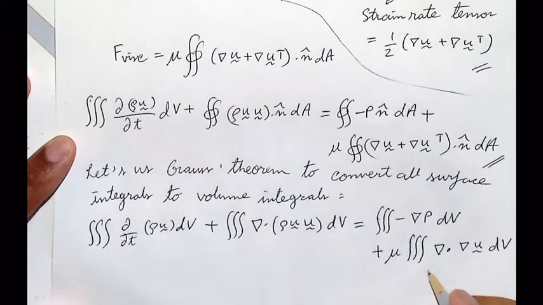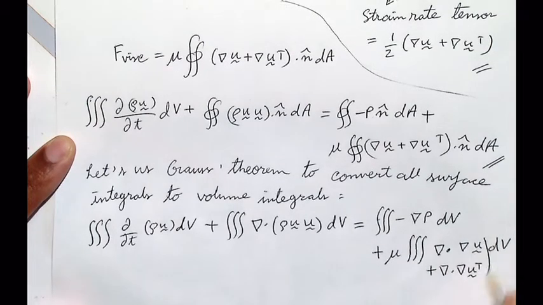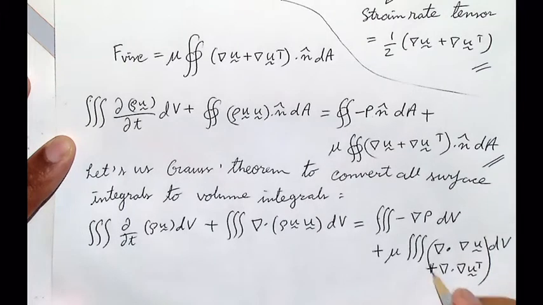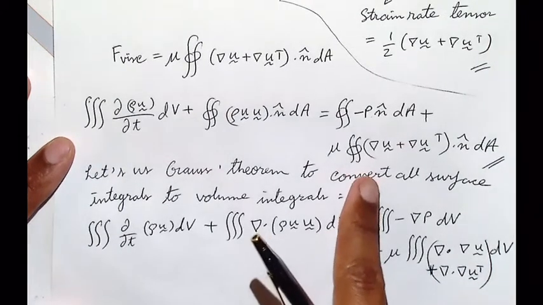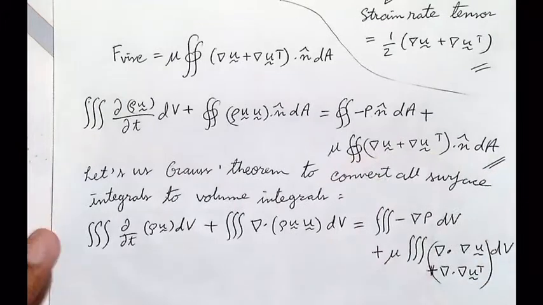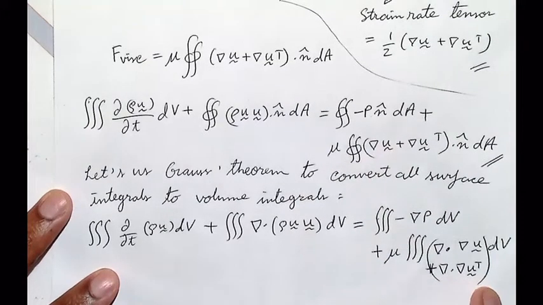Something weird happened here, right? So there's a nabla dot nabla u transpose. When you take nabla dot on both these terms, you just write them as nabla dot the first term, nabla dot the second term. Okay?